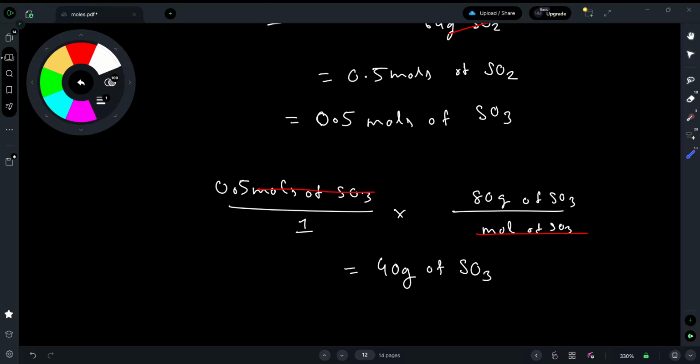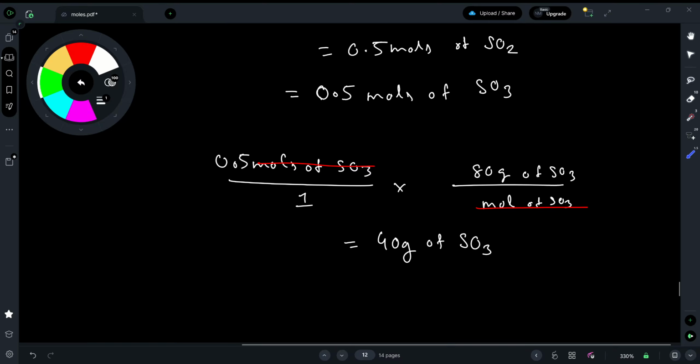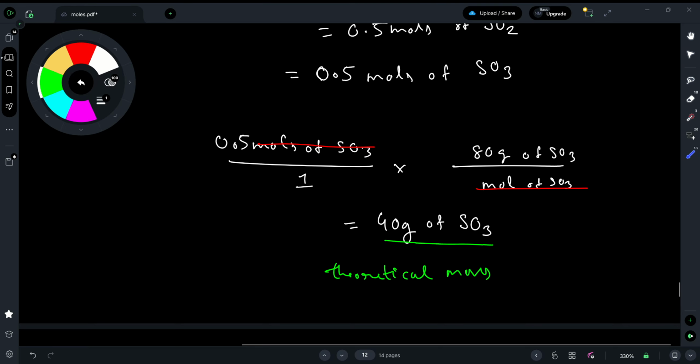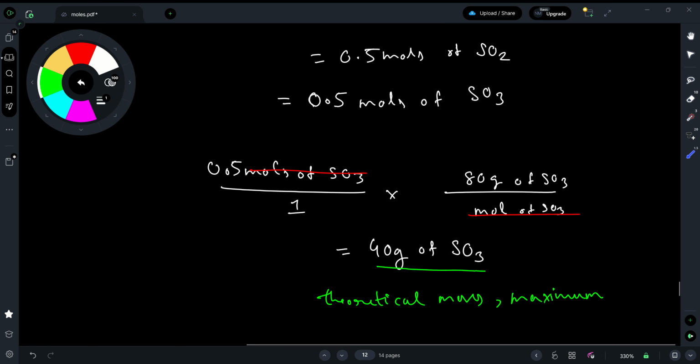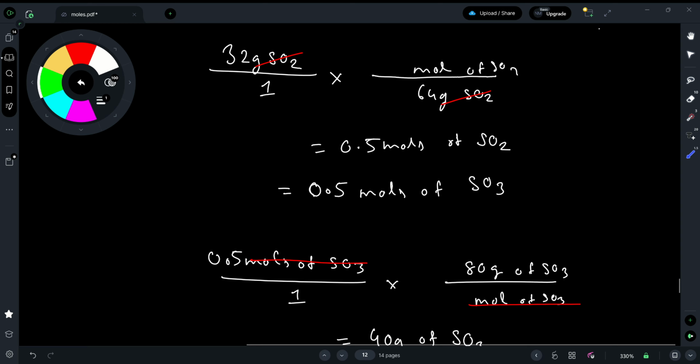So we found out from the information given this mass of SO3, right? So this is the theoretical mass. This is the maximum. This is what you should get. You can call it maximum or what you should get, etc. So this is our theoretical mass.